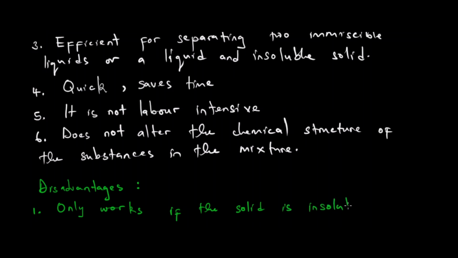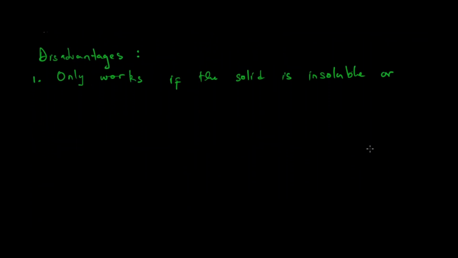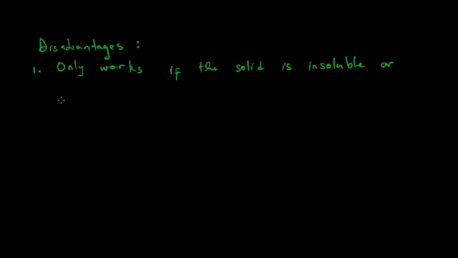Saka kana solid iri soluble haishandi, or the liquids are immiscible. Itori disadvantage. Hatikwanisi kushandisa decanting kuseparate mvura nedrink because it's a solution.